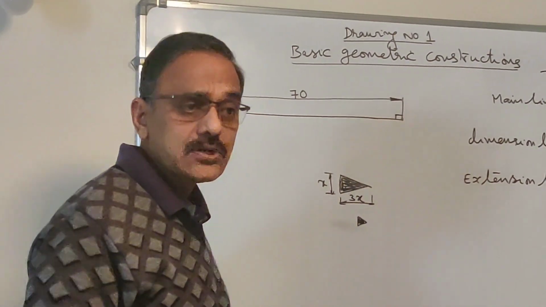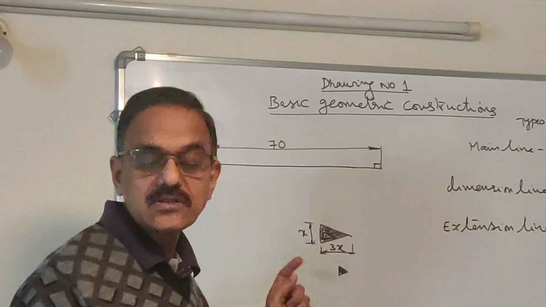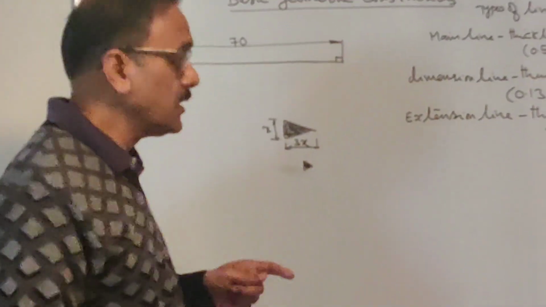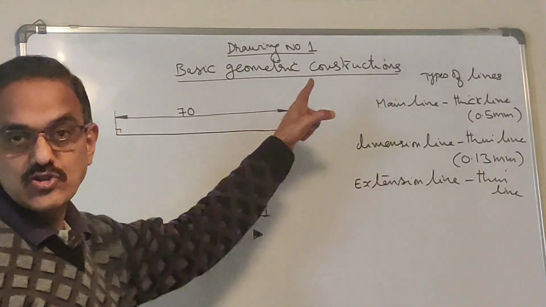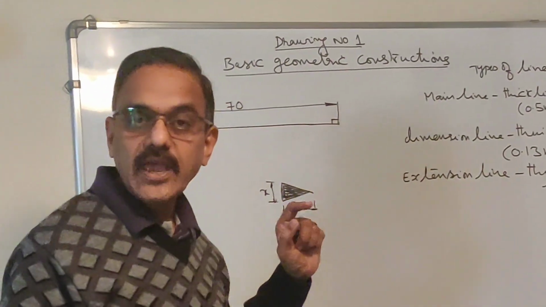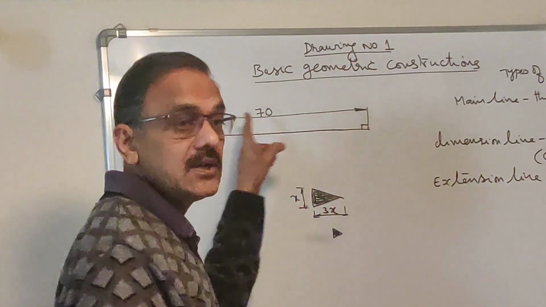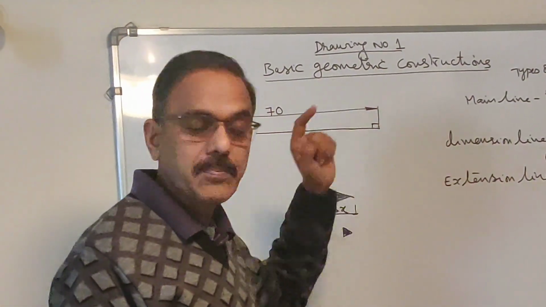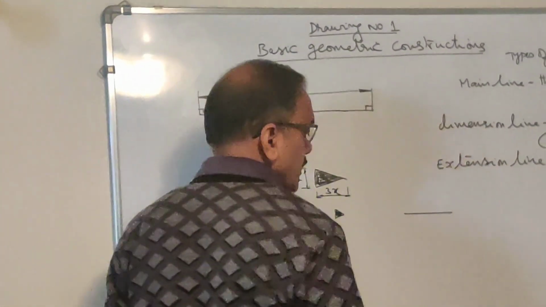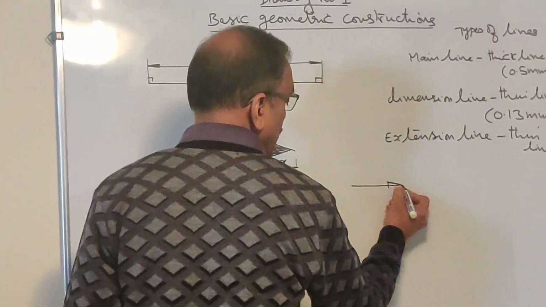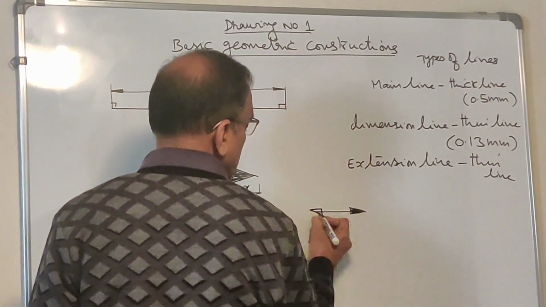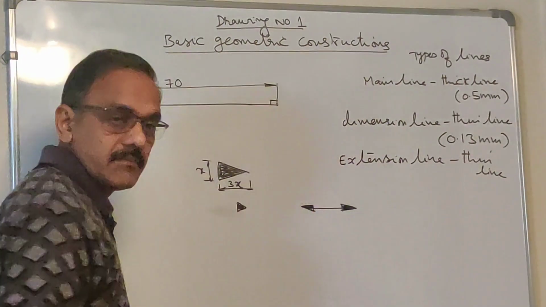Now you may get a doubt, what should be the size of the arrowhead? The proportion is fine. What should be the size? The size of the arrowhead has to be proportional to the length of the dimension line. I repeat again, the size of the arrowhead has to be proportional to the length of the dimension line. It comes by practice. For example, if this is a dimension line and if I put this much of arrowhead on both sides, it's too big.